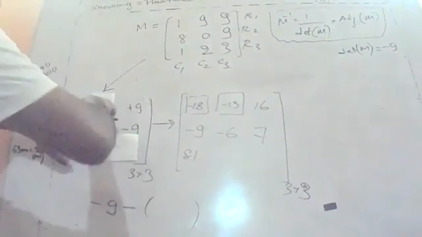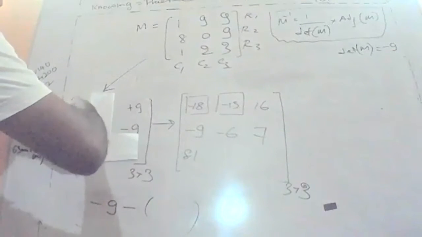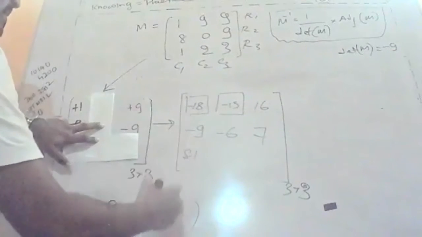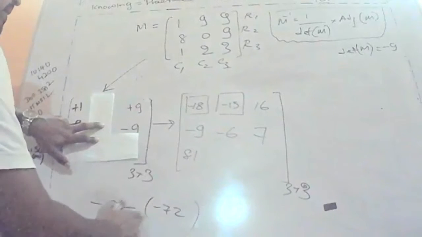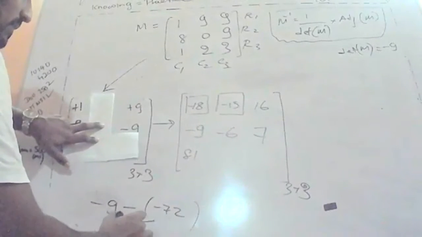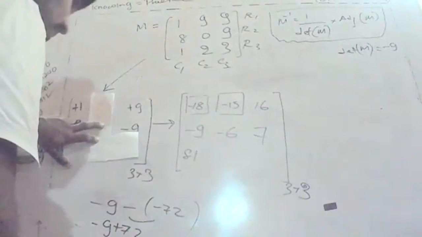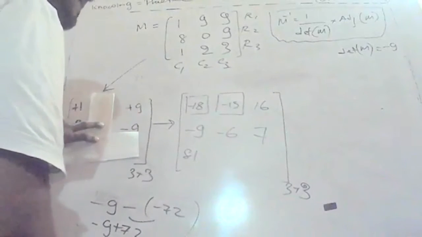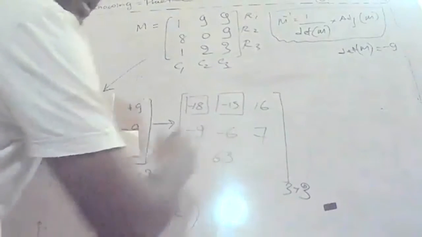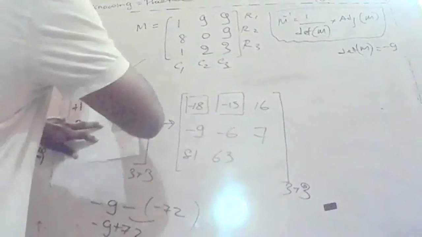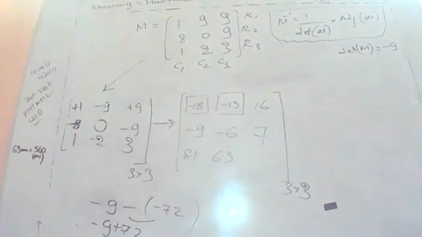Minus this into this. Minus 8 into positive 9 is negative 72. Negative to negative from here it will become positive 72. Minus 9 plus 72, what would be the answer? 63. Am I correct? Check your answer. It should be 63.